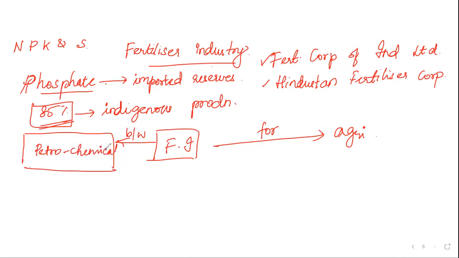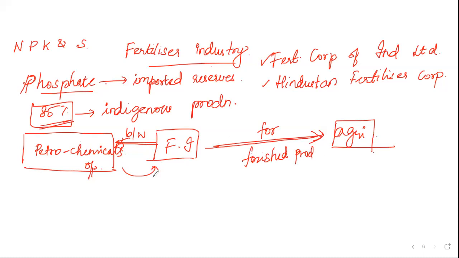The output of petrochemicals is used in the fertilizer industry, and therefore we have backward linkages with petrochemical industries. We have forward linkages with agriculture. The finished product of the fertilizer industry goes to agriculture.